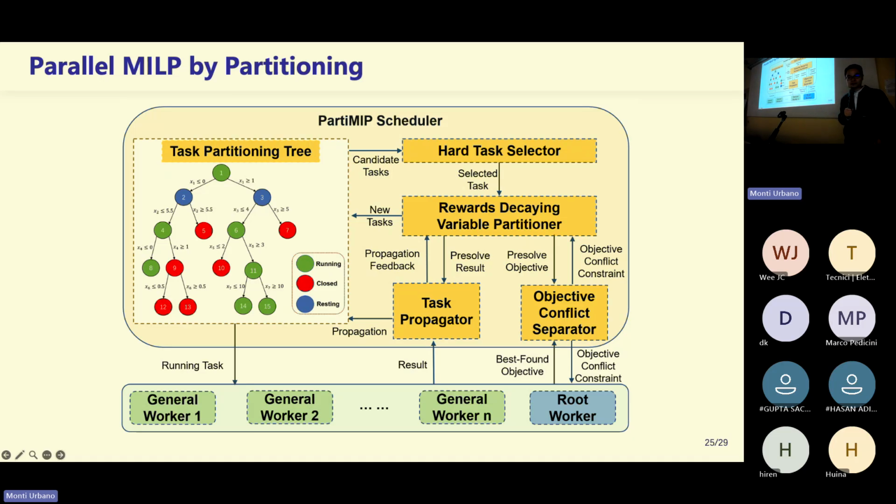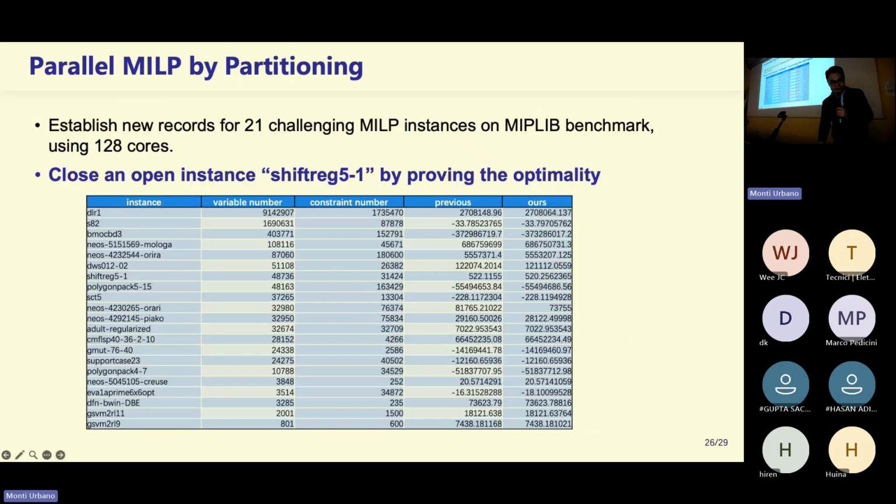And also, after we identify the hard problem, we need to find a variable to partition this problem. So we use reinforcement learning here to find the nearly correct variable. And also we have task propagation. The results can be propagated. And we have other techniques here I will not mention in detail.